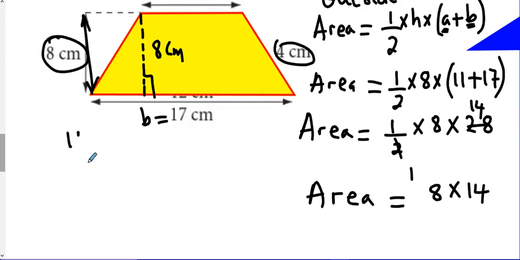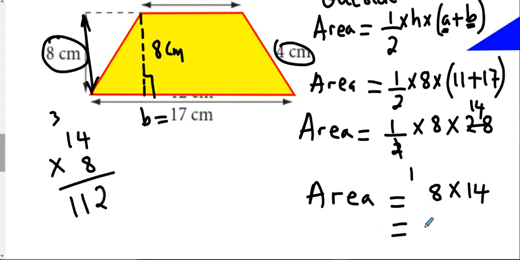You can use a calculator to save time, but for the purpose of demonstration, let me do it vertically. This will be 32, 2 carry 3, this will be 8, that will be 11. So area will be equal to 112 centimeters square, because I'm looking for area of the outside shape.